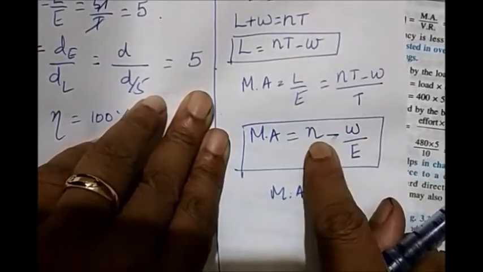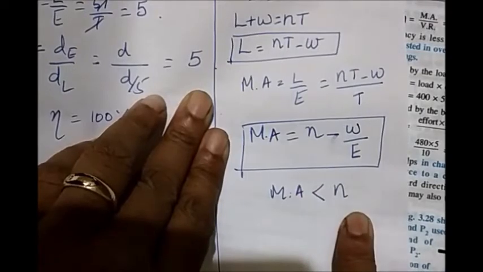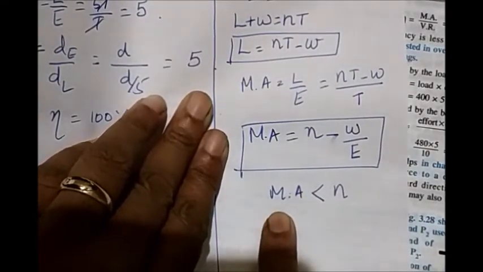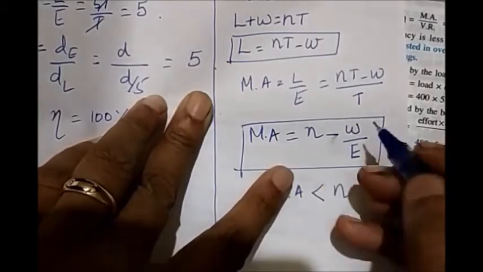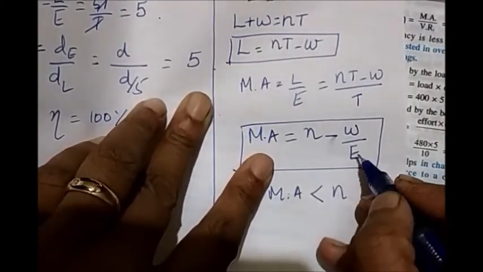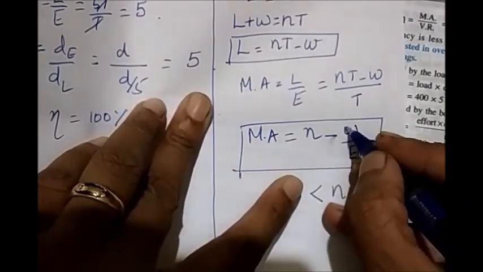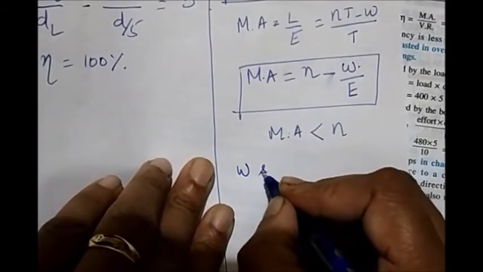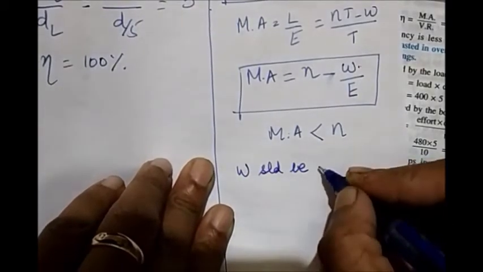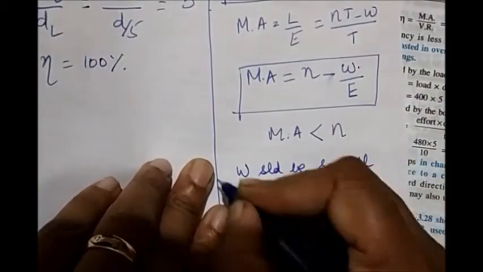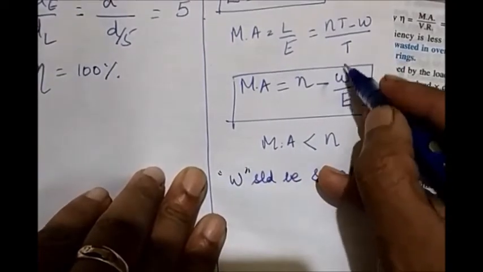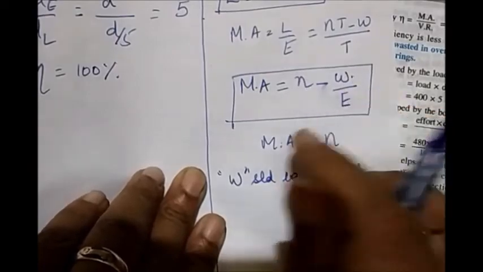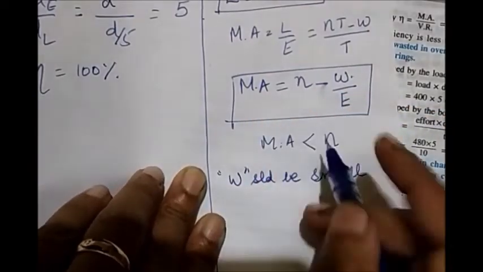Because you subtract something from N, the answer will be less than N. So practically MA will always be less than N. Now there is one conclusion. They will always try to keep this W as low as possible. W should be small so that this value will be small and MA will not be much less than N.